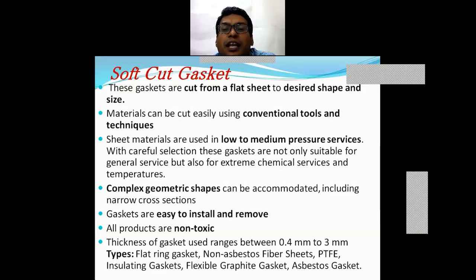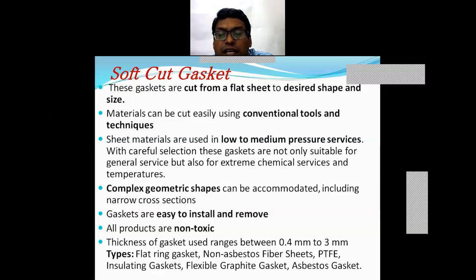Then sheet materials are also used in low to medium pressure services. With careful selection, these gaskets are not only suitable for general service but also for extreme chemical services and temperatures. Then complex geometric shapes can also be prepared from these sheets. Then the gaskets are easy to install and easy to remove. All the products are non-toxic.